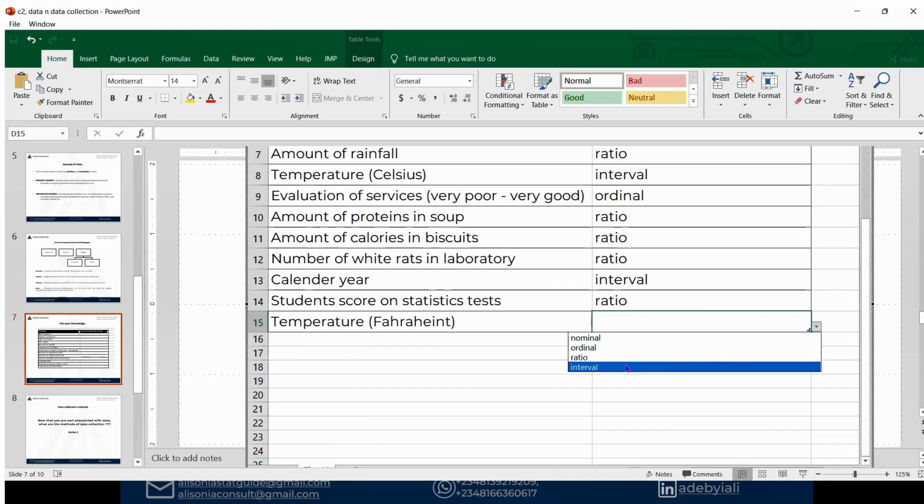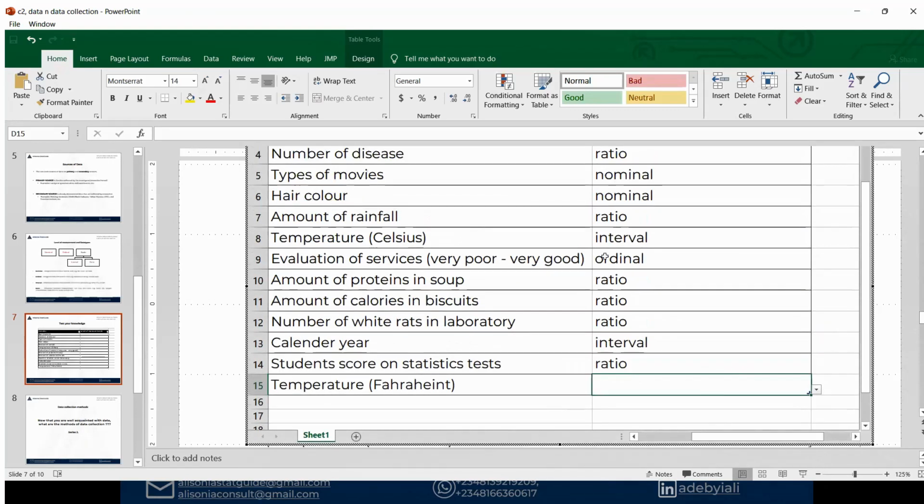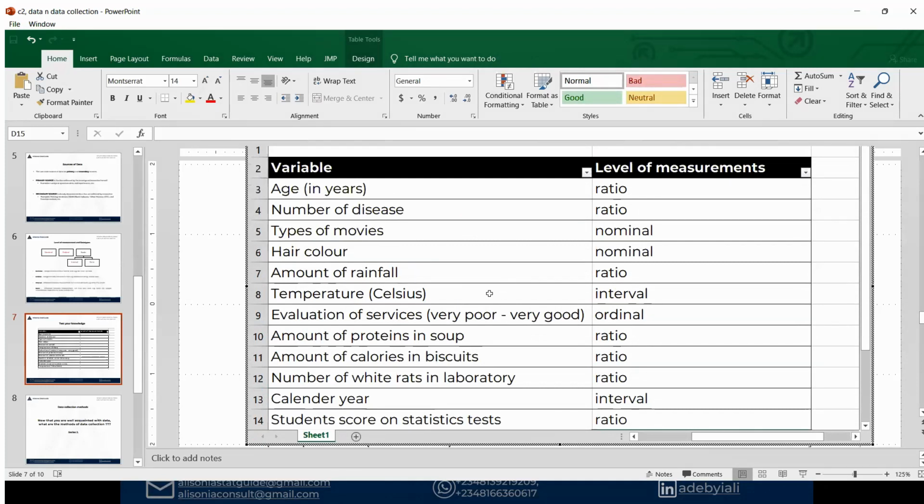It's because it has no true zero value, just like temperature in degree Celsius. When you have 0 degree Celsius, it doesn't mean that there is no temperature at all. So yes, there is zero, but that zero is just arbitrary, it's not because there's no temperature.